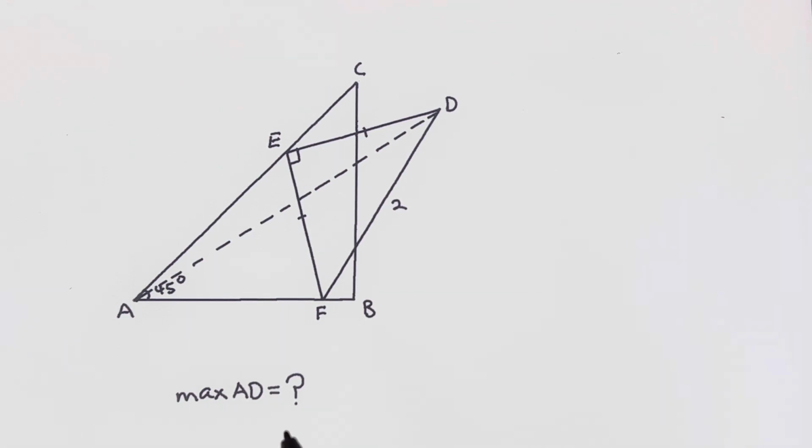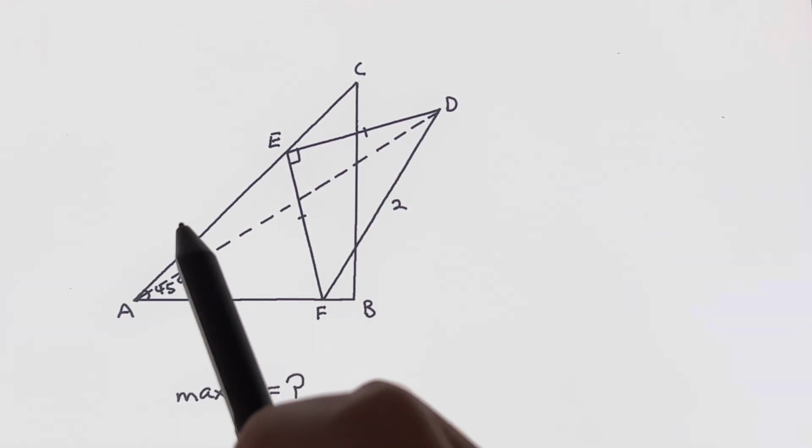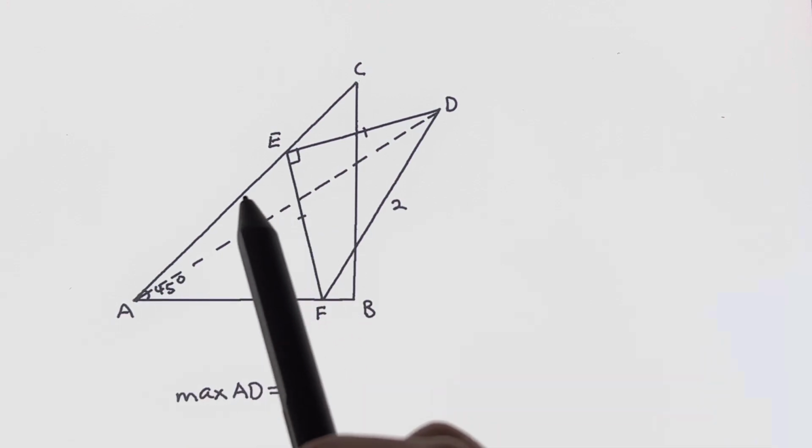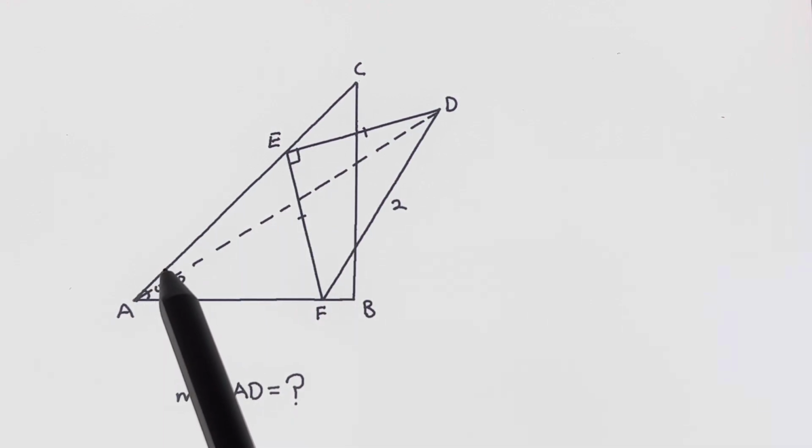So first of all, we realize that we have to use the information we are given. If we observe triangle ABC first, we notice that we are only given the measure of angle A as 45 degrees.